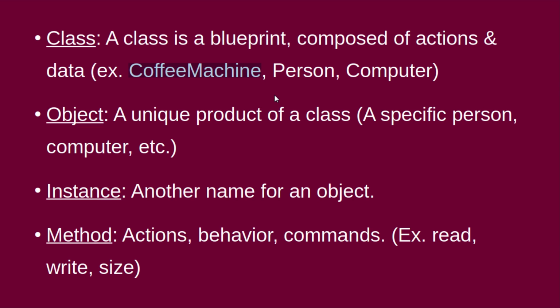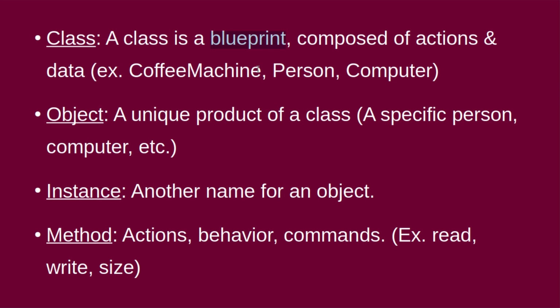Even if it's the same brand and the same model, it's a different machine than yours, right? So that's why I say unique product. They still have the same kind of data, the same actions, but they are different. Same for person, for computer, right? So that's an object. The objects are the products of the class.